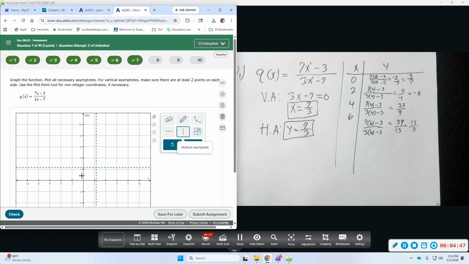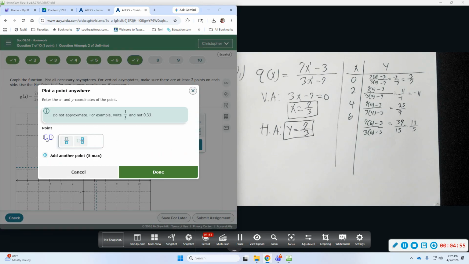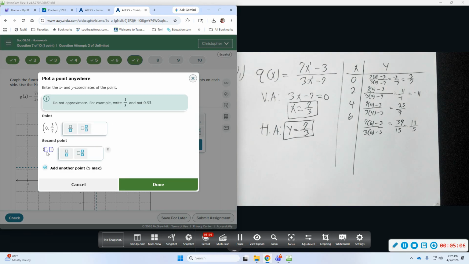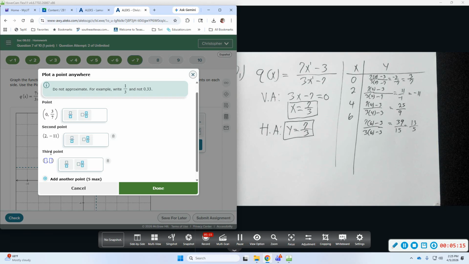I'm going to type all of those ordered pairs in. So I'm going to come not to pencil, but to plotted point. And then I'm just going to type the ordered pair. So I'm going to do 0, not 7 divided by 3, 3 divided by 7. And then add another point, and then we're going to do 2 and negative 11. Add another point, and you can do a maximum of 5 if you want to.